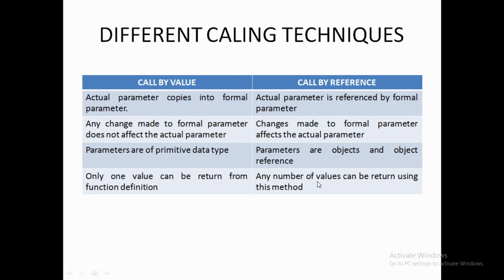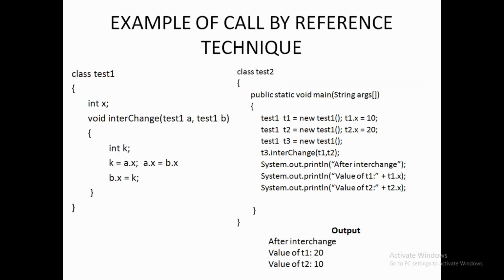The fourth point is a very important and interesting one. In call by value, only one value can be returned, but in call by reference, more than one value can be returned. How can we achieve this? To understand it, we will go back to the call by reference technique.